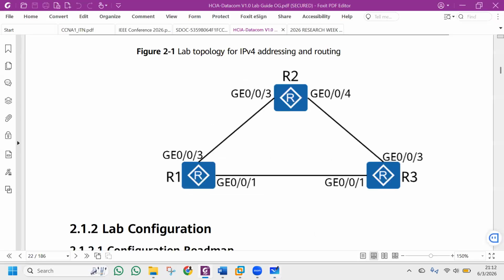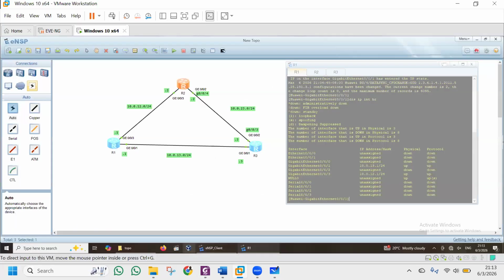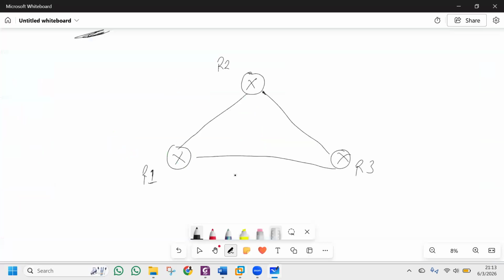So for the network, let me use this one instead. 10.0.13.0, 10.0.12.0, 10.0.23.0. So on this one it is 3, 3, 1, 1, 2, 2.